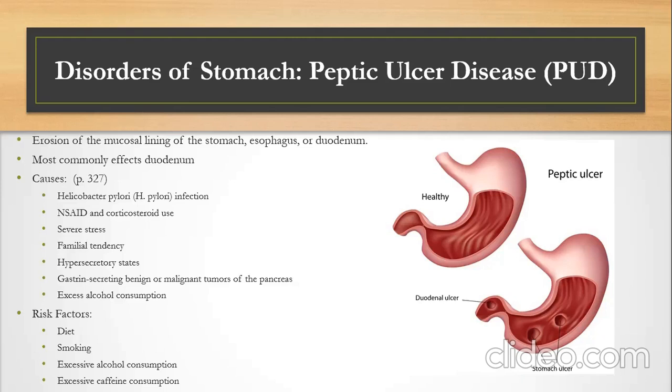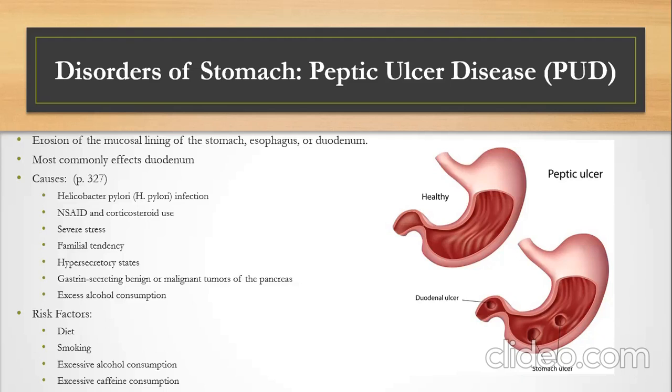Can put you at risk for scarring of your pyloric sphincter, okay? So bile is very acidic, and therefore these ulcers most often occur in the duodenum because that's where the bile is going, okay? You don't have bile in your stomach. You shouldn't have bile in your stomach, okay?